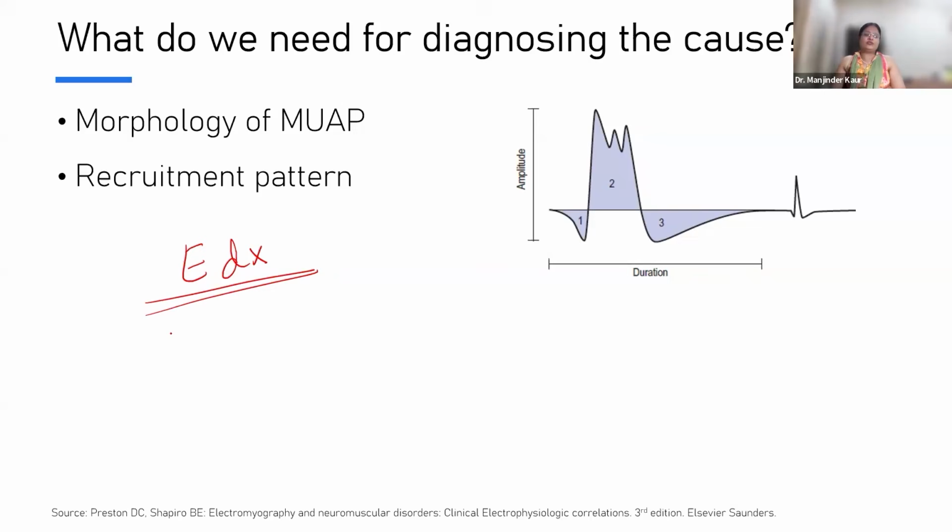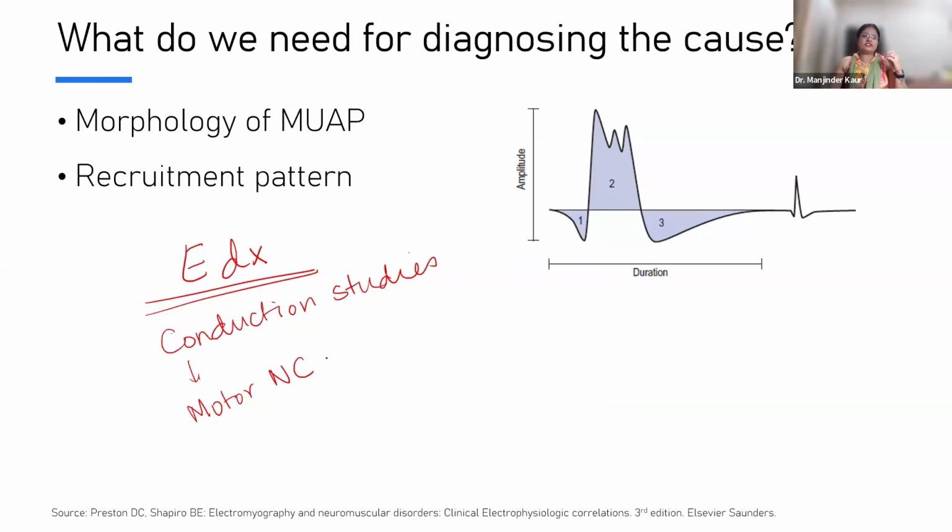So we need to do the conduction studies. The conduction studies are done on the nerves. There are two types of conduction studies we do. One is the motor nerve conduction studies, in which we find out the nerve conduction velocity and the nerve conduction amplitude, right?